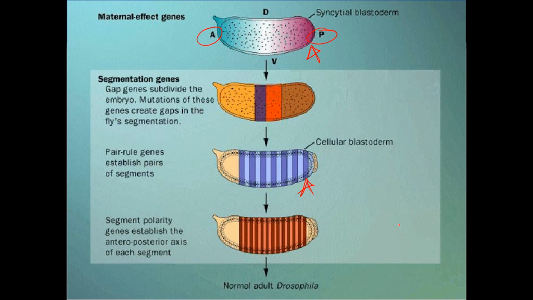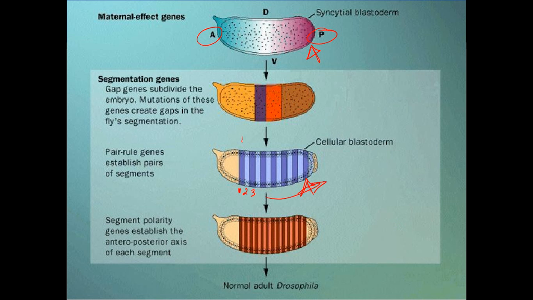So these transcription factors that have been produced by the gap genes are going to activate another set of genes called the pair rule genes. And so if we look at this, we can say this is segment number 1, segment number 2, and segment number 3, and so on.